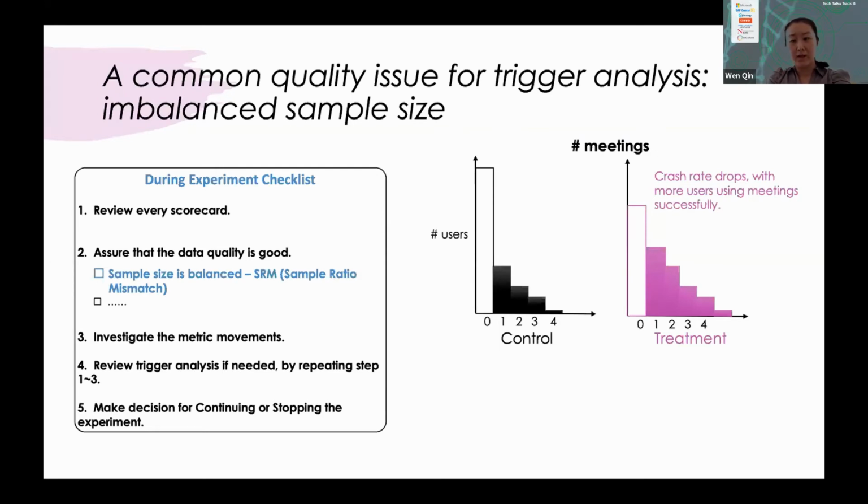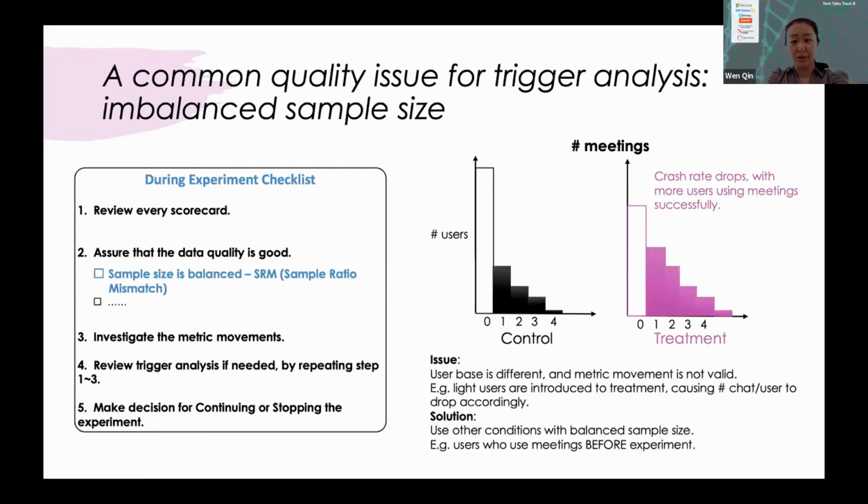As your feature improves the meeting quality, the crash rate drops, and you will have more users using meetings successfully. So in your trigger analysis, you will include more users in the treatment compared to control. And there is an issue: the user base is totally different between treatment and control, and your metric movement is not valid anymore.